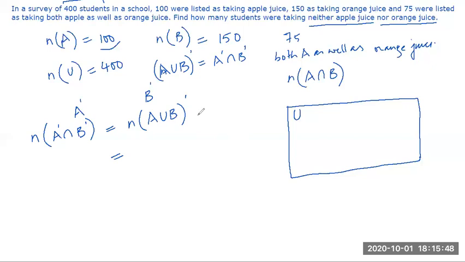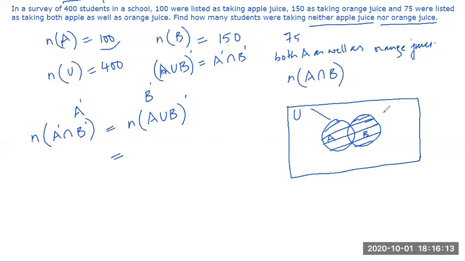What is the complement of A union B? This may be A and this may be B, right? A, B. Now this is A union B. What is the complement of A union B?